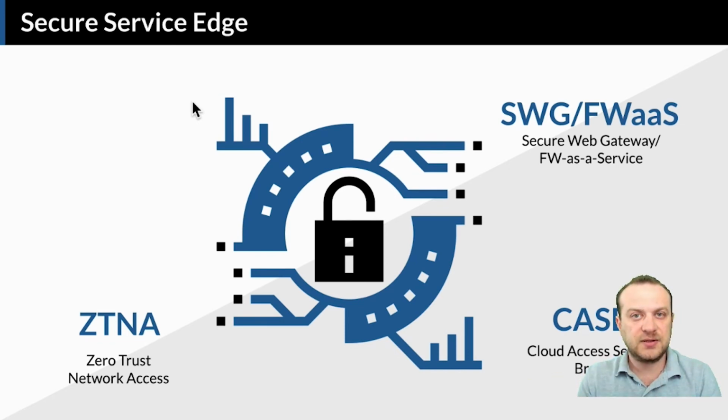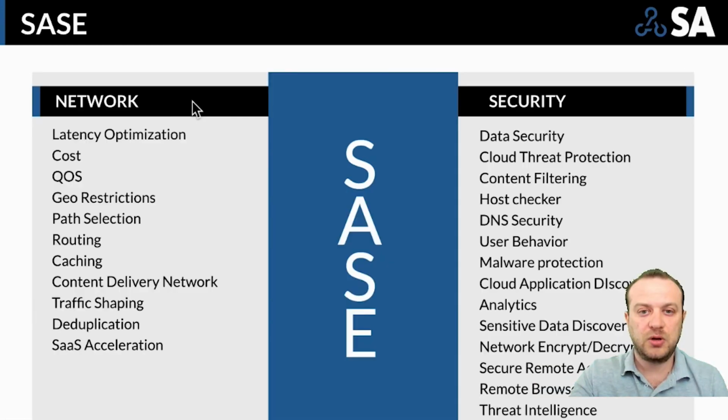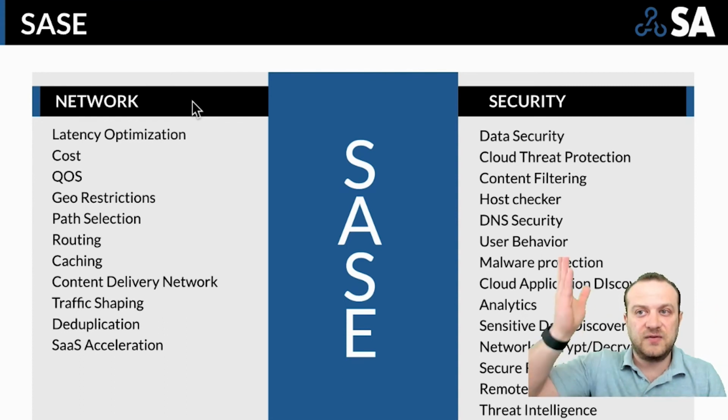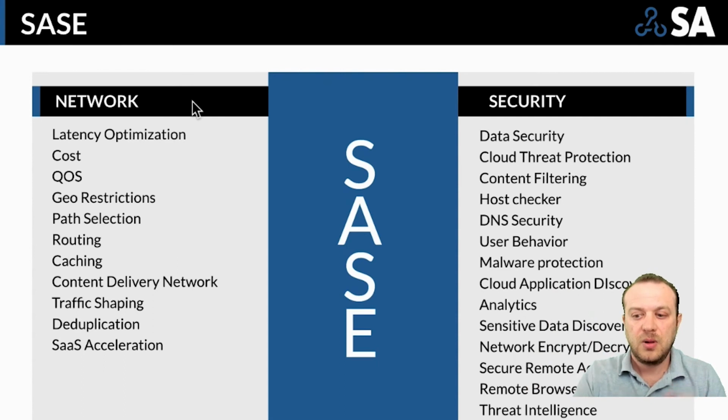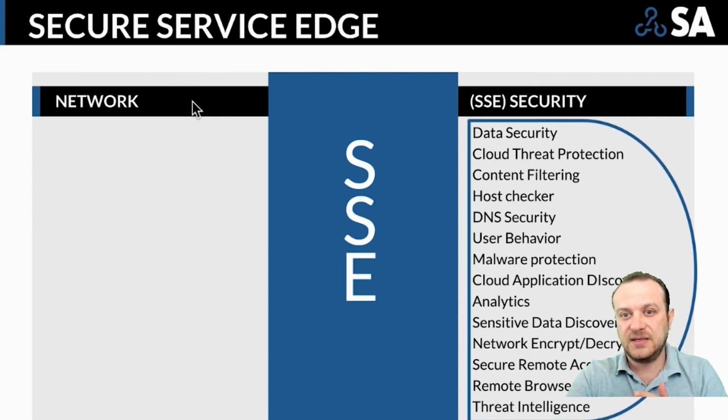But this is where the market is going, and I believe it's very important to have them under one umbrella. Just to quickly elaborate, we have a network side on the left, we have security on the right here. This SSE part removes the network and only focuses on the security controls we see on the right.